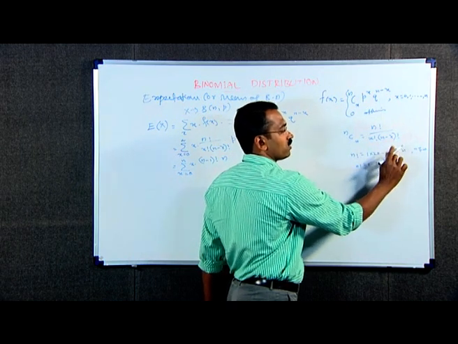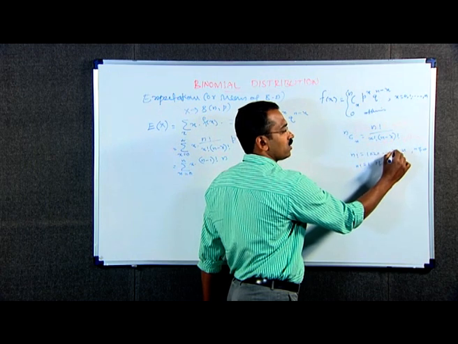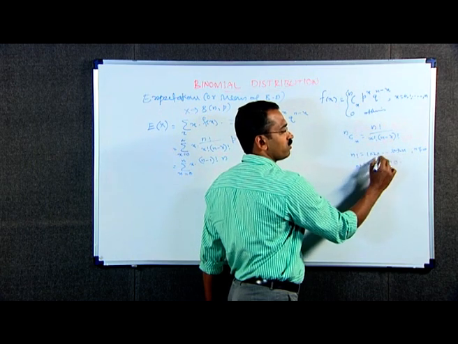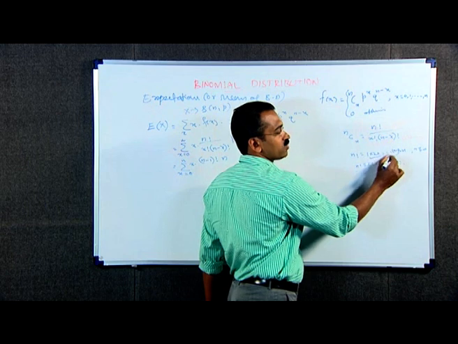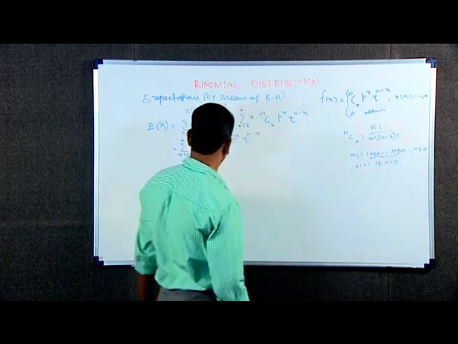Here the previous term is n minus 1 into. Therefore, we can write this as n minus 1 factorial into n.